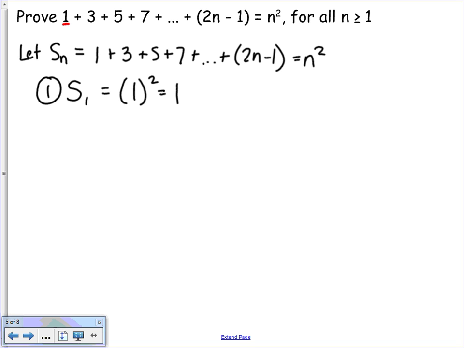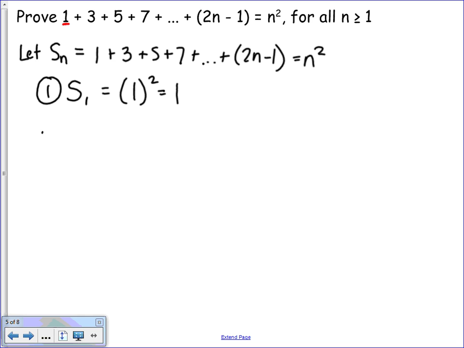So is that true? Yeah, I proved it. Some people like to write after this, like they might make a statement and say something like s sub 1 equals 1 squared equals 1, which is true. You could write that if you wanted to, but by putting it out there, we can make the connection that that is in fact true to the very first term.